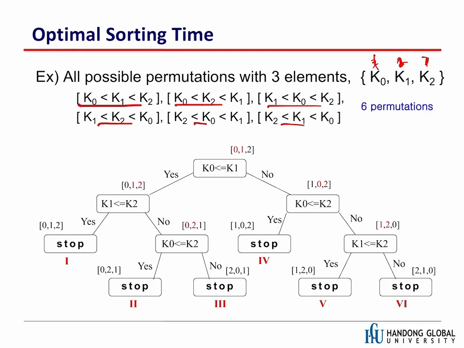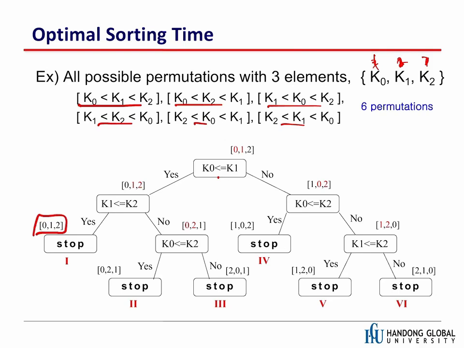First we compare K0 and K1. Depending on this result, if K0 is smaller than K1, then we can compare K1 and K2, and if K1 is smaller than K2, then we can stop. Just the 2 comparisons are enough to get this sorting.